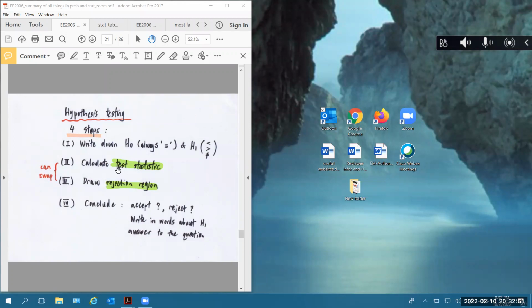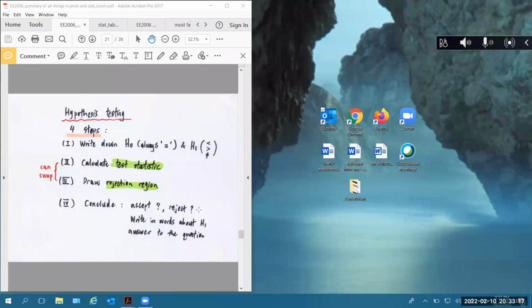If it doesn't fall in the rejection region, that means we cannot reject H0, and we reject H1. When we reject one, we accept the other one. So then we can draw a conclusion: accept what, reject what.